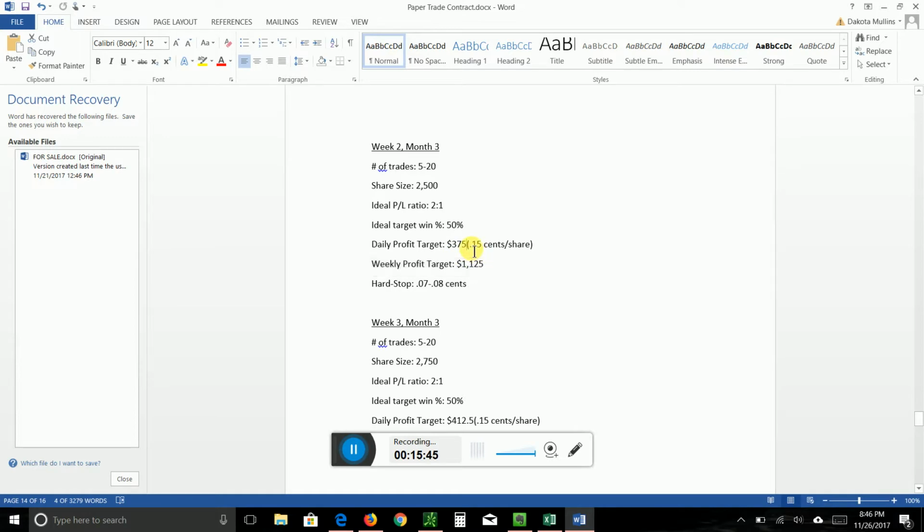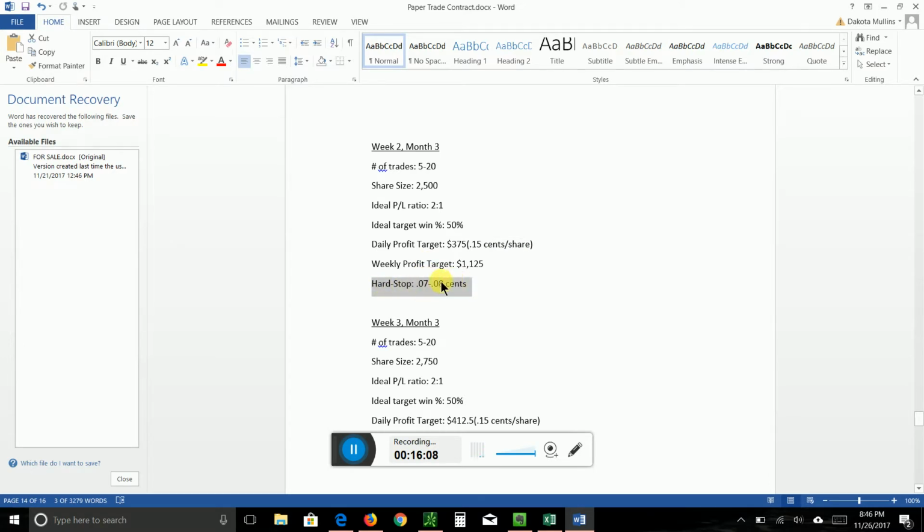My winners are being bumped up. I'll be going for 15 cents per share on my wins. So that in turn makes the hard stop also get bumped up.